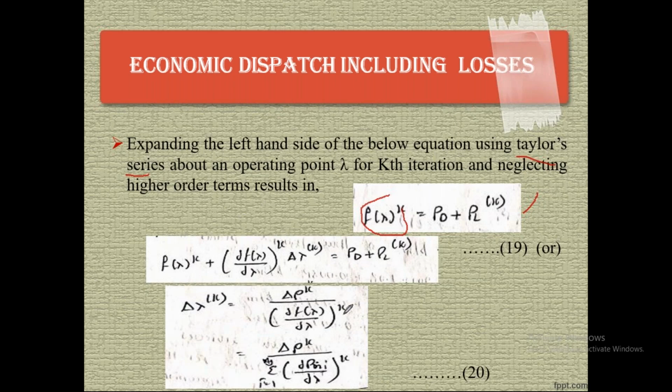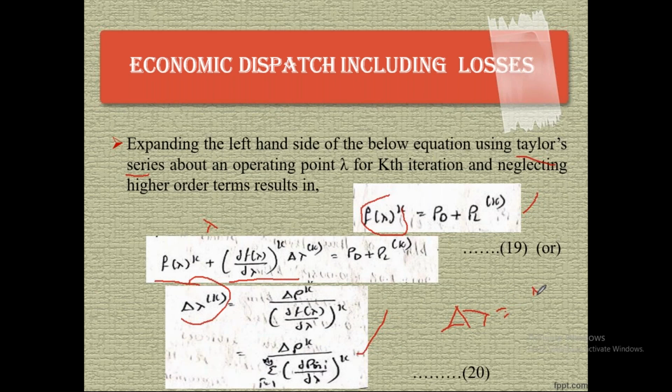Then only we can derive the equation easily. Now from this equation I can write for updating purposes. This is the old one, and this is what I have to update to the lambda value. If you add these two, you get the new lambda value, right? So finally, delta lambda k. There are certain steps, but there is no need to go through them here. You can go through the material to see how the derivation came. So delta lambda k is equal to delta Pk divided by... this is the equation for updating lambda.